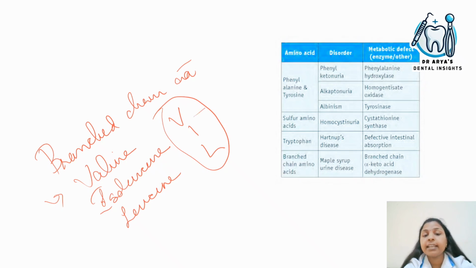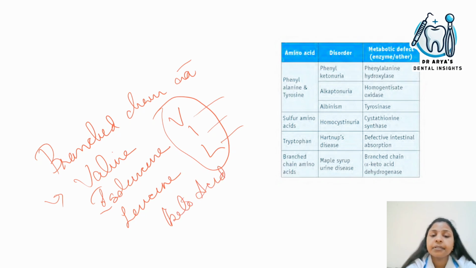Maple syrup urine disease is a disorder of branched chain amino acids, and it is due to the defect in the enzyme branched chain alpha keto acid dehydrogenase.